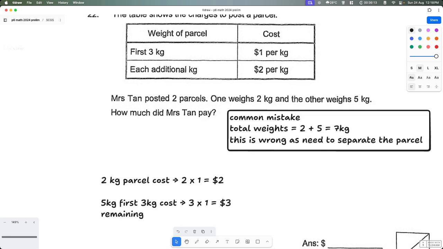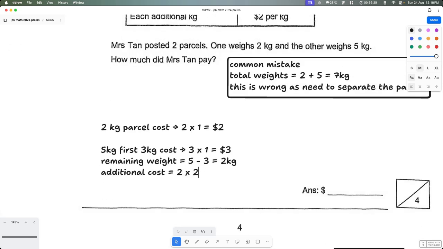The remaining weight is equal to 5 minus 3, which is equal to 2 kg. So the additional cost will be 2 times 2, which is equal to $4. So the total payment, total cost is equal to 2 plus 3 plus 4, which is equal to $9. Very expensive, but yeah, there you go. So that's your answer, $9.